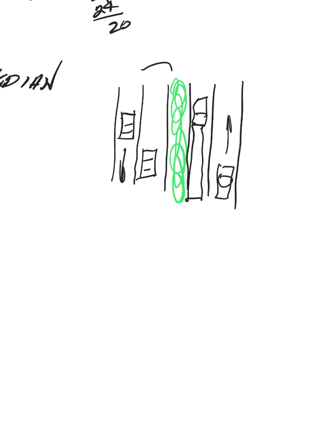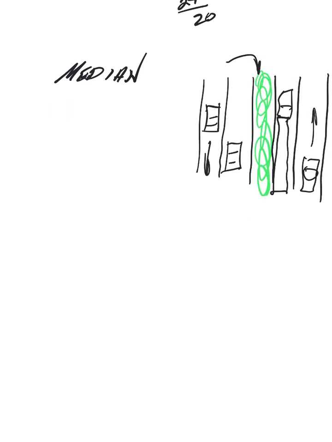You've got this green strip here, and it's called the median. Okay, it's not called the middle or the medium. It's called the median. And medium means middle. That green strip is in the middle of the highway, and that's exactly what a median is. You've got a set of scores.